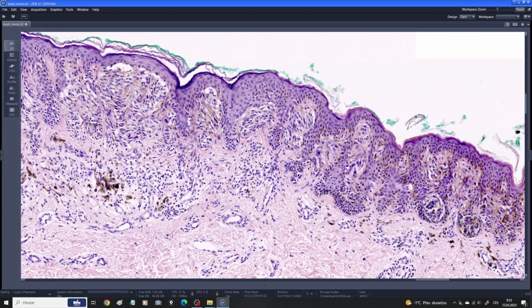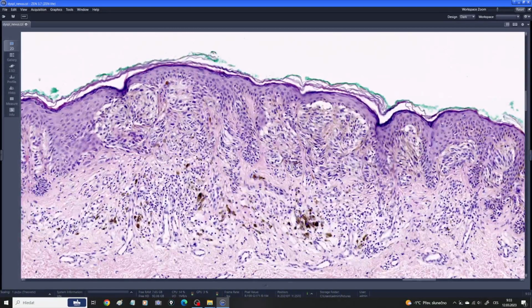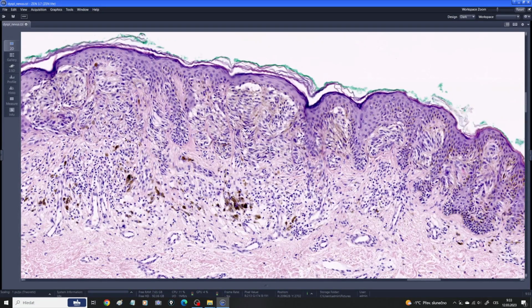So here you can see that the individual nests of the melanocytes tend to fuse, and they create some sort of bridges between rete ridges. So this bridging and fusing of the nests of the melanocytes is highly typical for dysplastic nevus, and this will help you with the diagnosis, at least on undergraduate level of pathology.